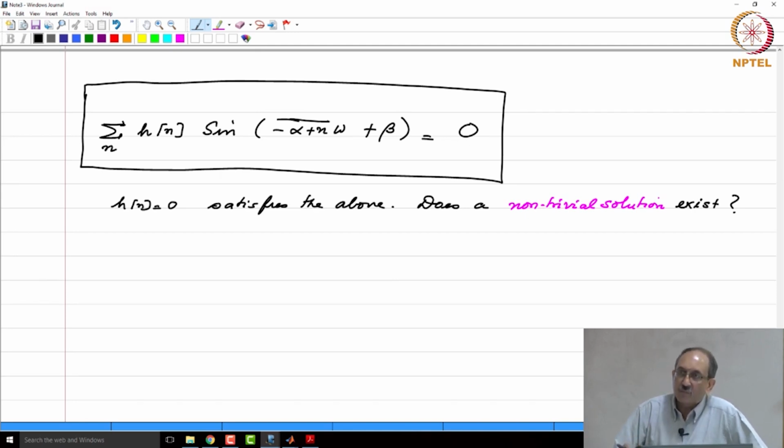So if you are grappling with this problem, you will try to simplify things so as to get a feel for what the approach might be. Okay. So the first thing that you are likely to do is, let us assume beta equal to 0, which means you would solve this problem for the linear phase case.